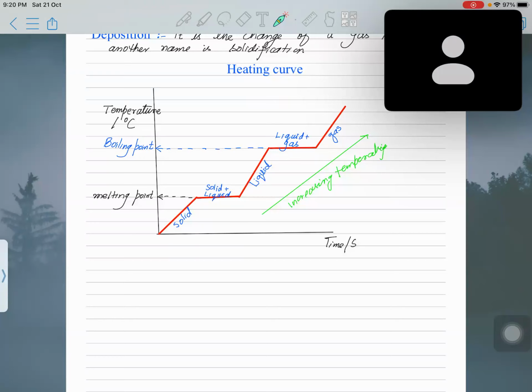The point where solid and liquid exist together is called the melting point. You can see that here we do not have any temperature change. You have still provided energy. So can you tell me where this energy has gone?